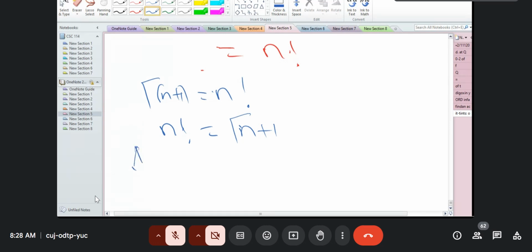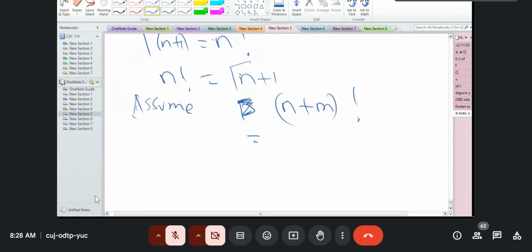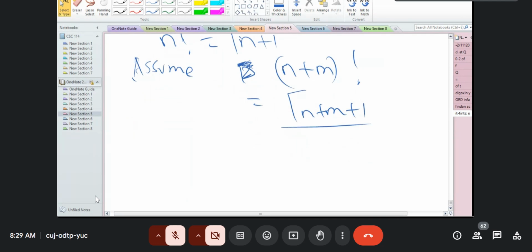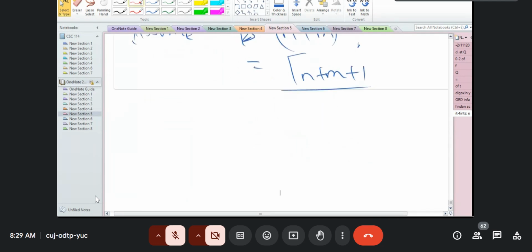So assuming you have, let's say, n plus m factorial, we can express this in terms of the gamma function as gamma of n plus m plus 1.